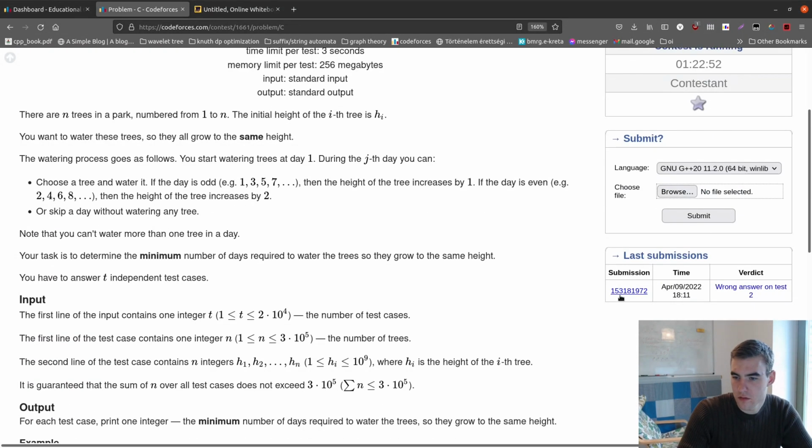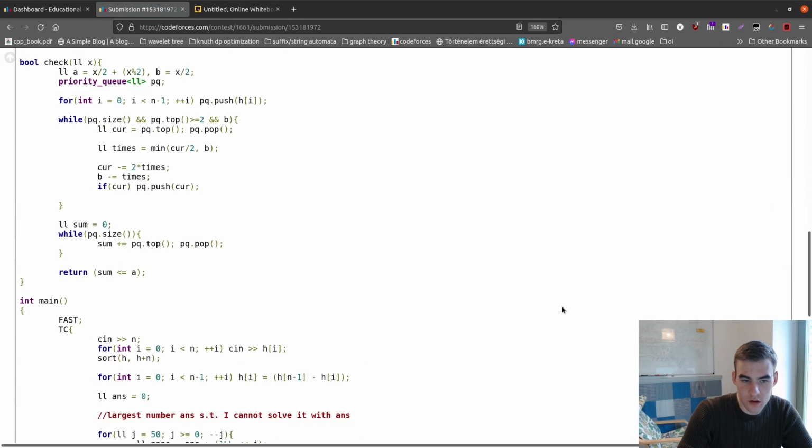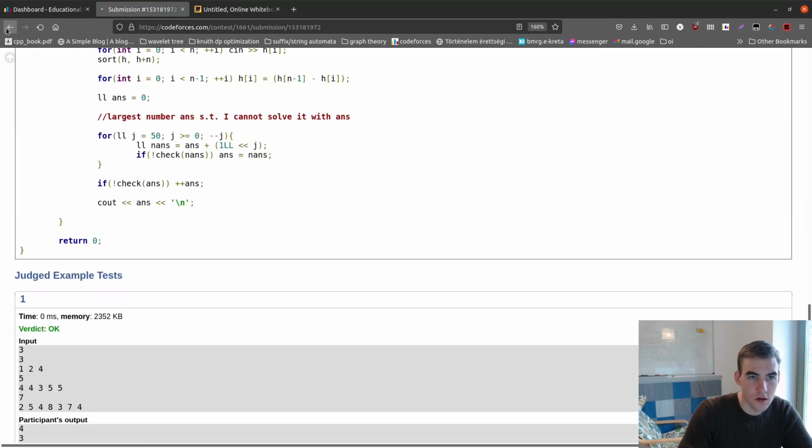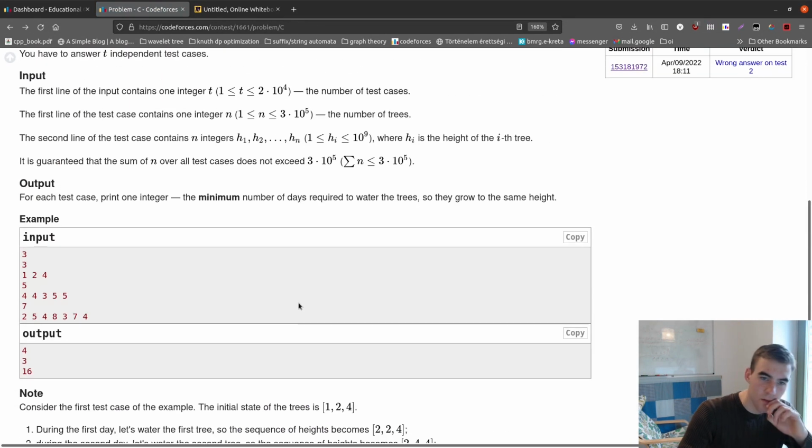Okay, what's the problem? Oh, yes, on test 2. What's the maximum difference? Well, can't have like 10 to the 9th times 3 times 10 to the 5th.